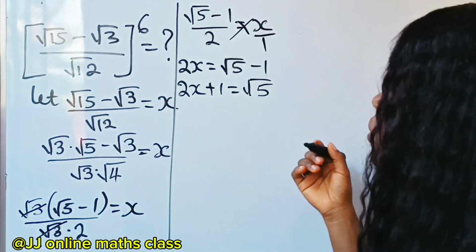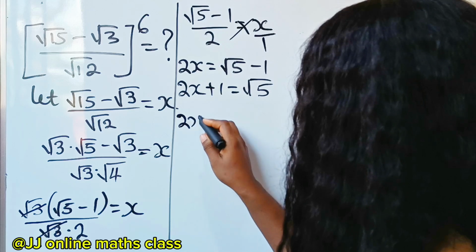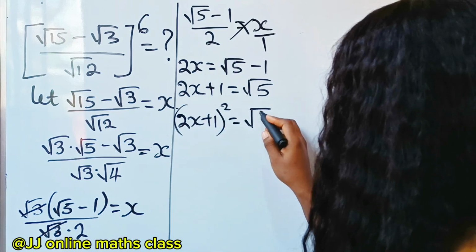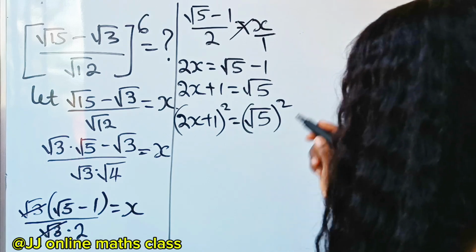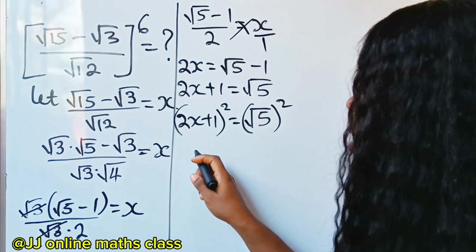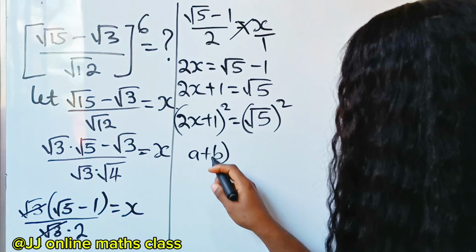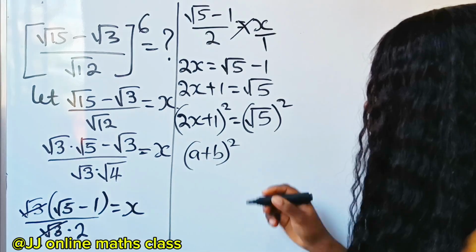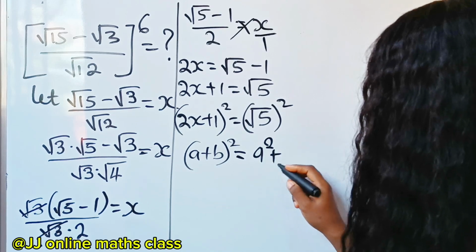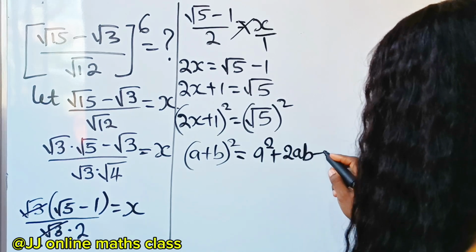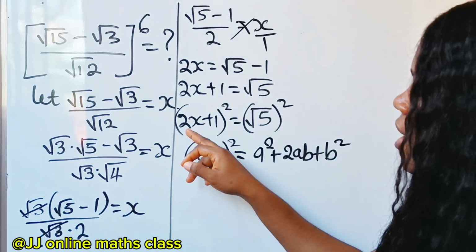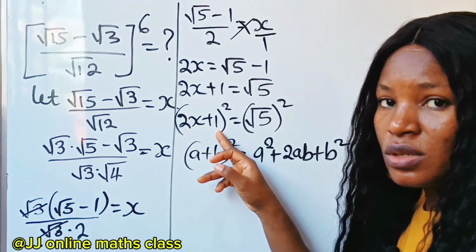Let's square both sides of the equation. So we are going to have 2x plus 1 all squared is equal to square root of 5 all squared. Now what do we have? When you have a plus b squared, it is equal to a squared plus 2ab plus b squared. In this case our a is 2x and our b is 1.